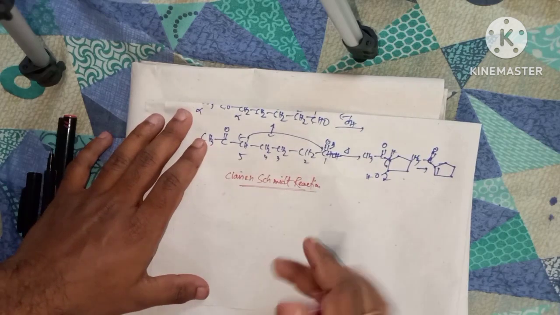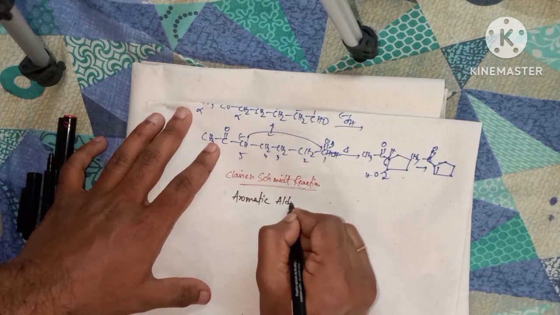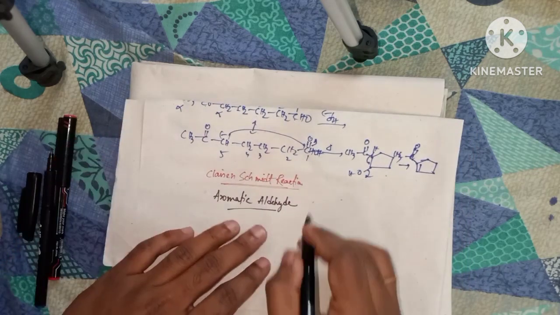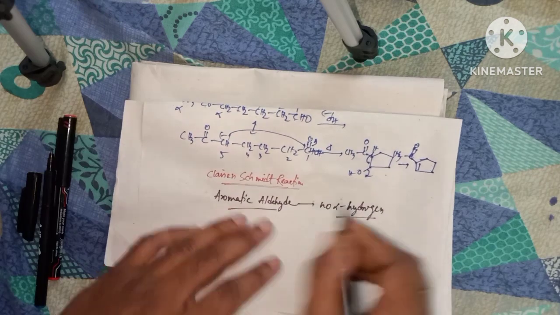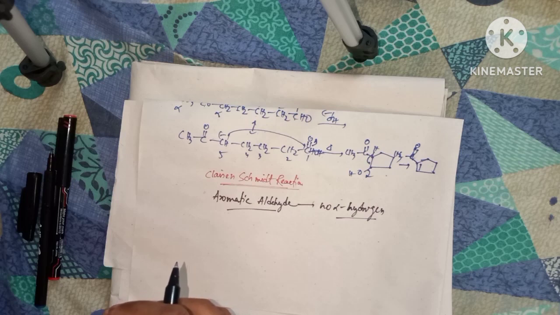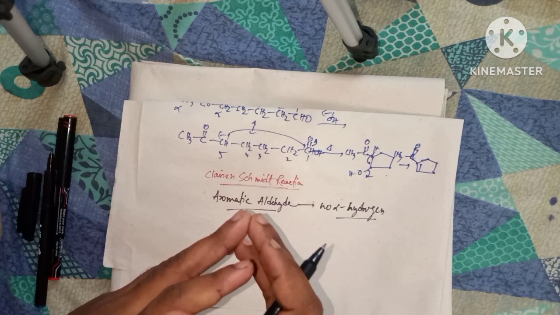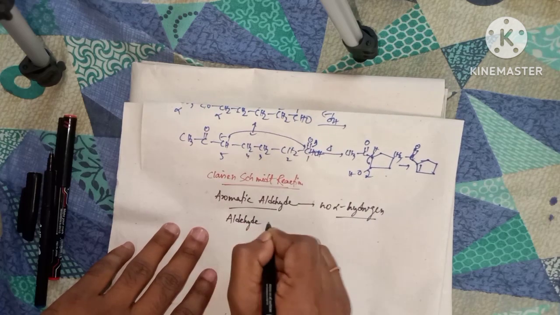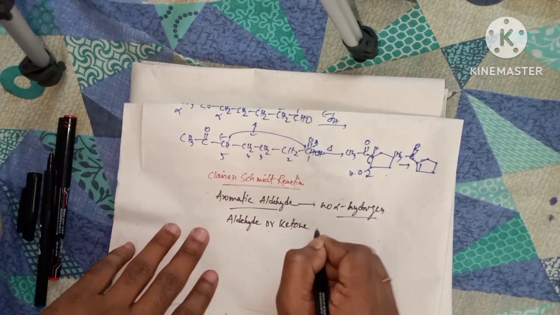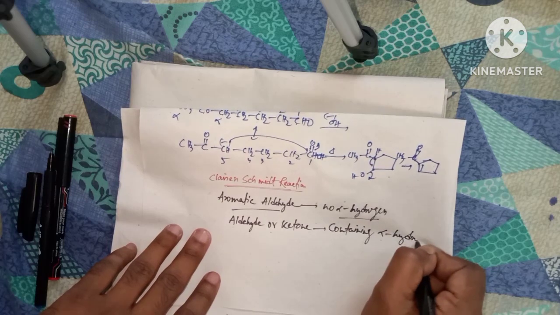The Claisen-Schmidt reaction is one in which an aromatic aldehyde is present which has no alpha hydrogen, and another is an aliphatic aldehyde or ketone containing alpha hydrogen.